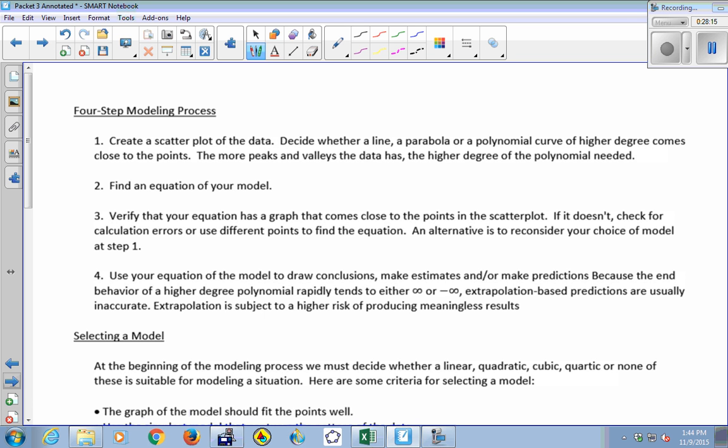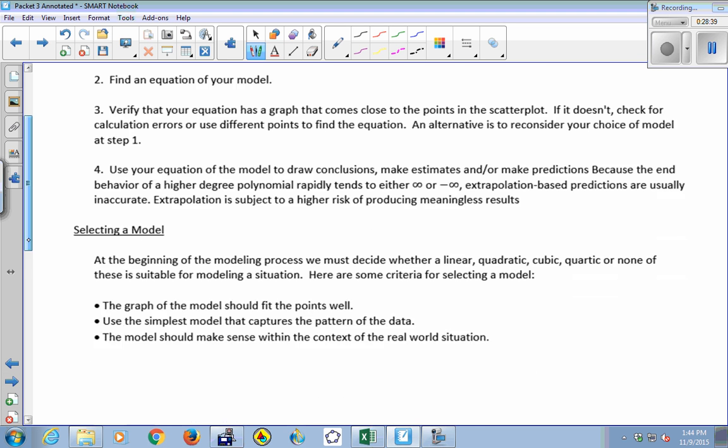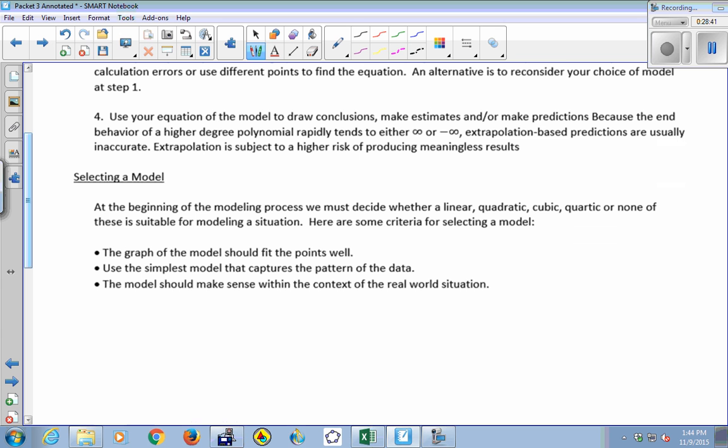Your calculator does that part. Okay. Verify that your equation has a graph that comes close to the points in the scatter plot, right? So look at your scatter plot and the graph of your model. Make sure they look close. If they're not, make sure you didn't make any typos. And if you didn't make any typos, you might say, oh, I chose a bad model, right? Start again. Then you can use your equation to draw conclusions, make estimates, make predictions.